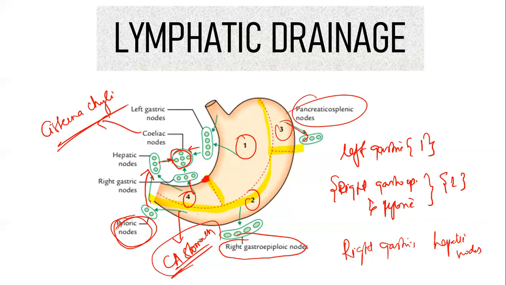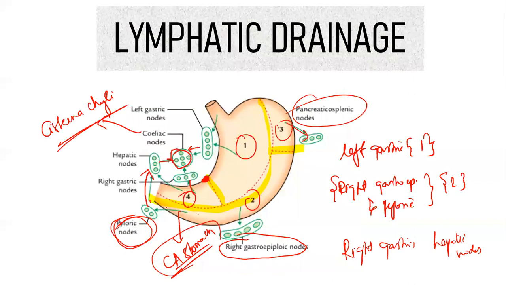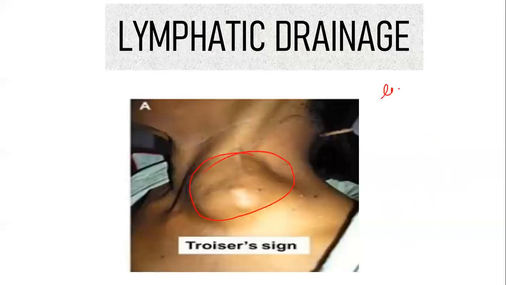Can you appreciate what is happening here? You have a swelling. The carcinoma arising from the stomach or from the pylorus part of the stomach is going to communicate with the left supraclavicular lymph node.